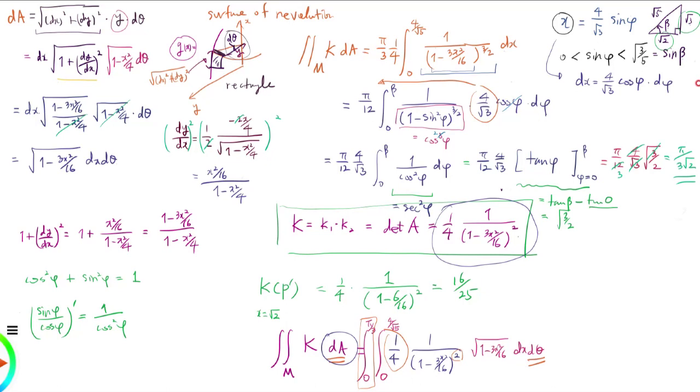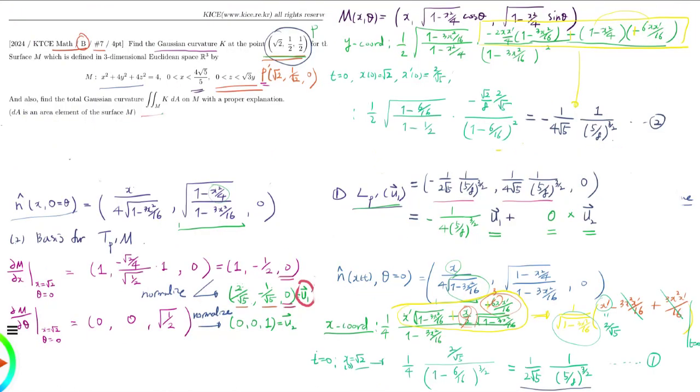Okay, it was a very long journey, and let me wrap up this problem briefly. First of all, to deal with the Gaussian curvature on this surface of revolution, which is a rather special case, we have to parameterize this surface with respect to x and theta here.